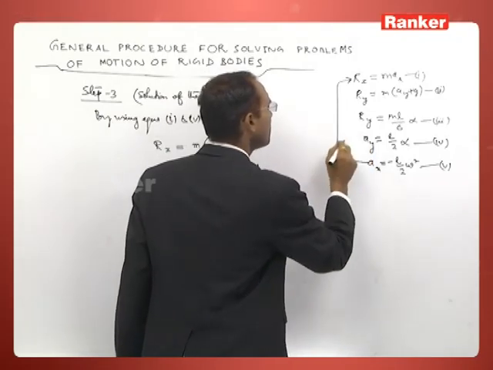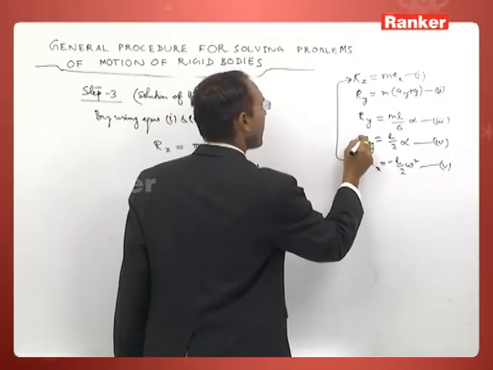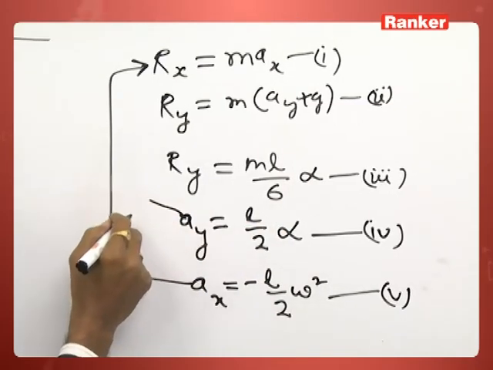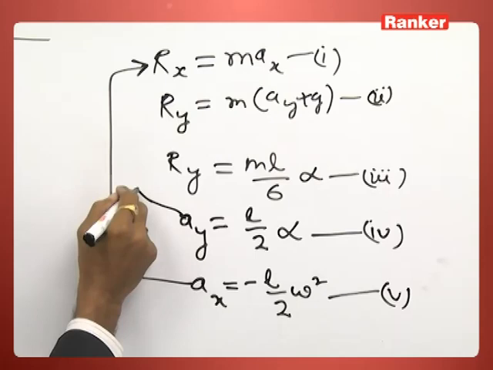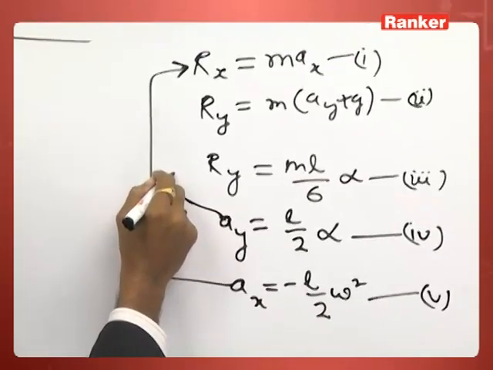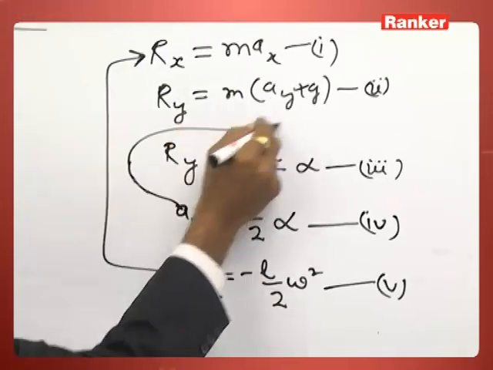Substitute Ay is equal to L by 2 into alpha, from equation number 4, in equation number 2.